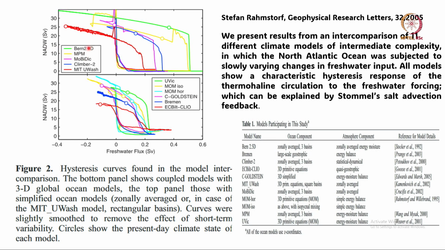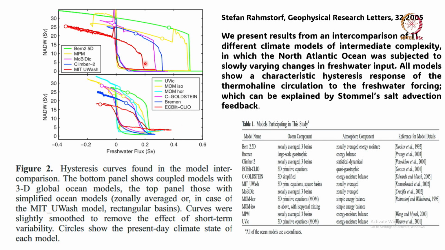So, you can see the different models produce, and as you introduce the freshwater flux near Greenland in millions of meter cube per second, the deep water formation starts slowing down.